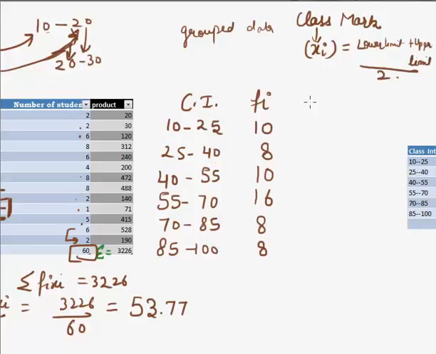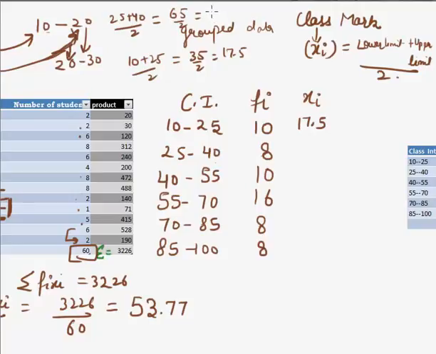So for this interval, class mark will be given by 10 plus 25 divided by 2, that is 35 divided by 2 or 17.5. For this class interval, class mark will be given by 25 plus 40 divided by 2, that is 65 divided by 2 or 32.5.